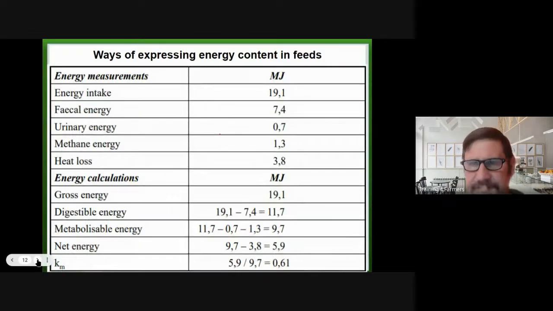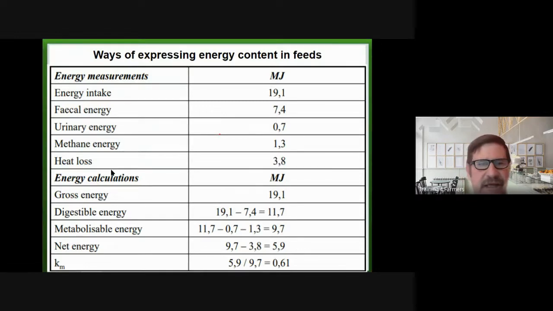Okay, sorry. So yeah, they took a feed with an energy intake of 19.1 megajoules. The fecal energy was 7.4. The urinary losses were 0.7. The methane was 1.3. The heat loss was 3.4 in this case.